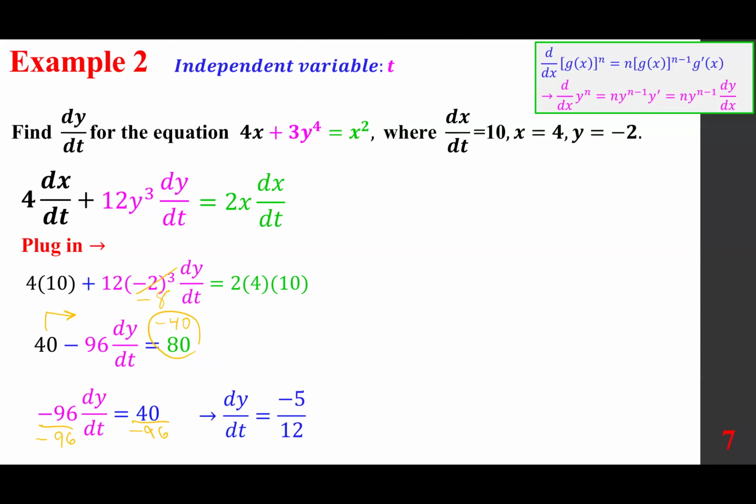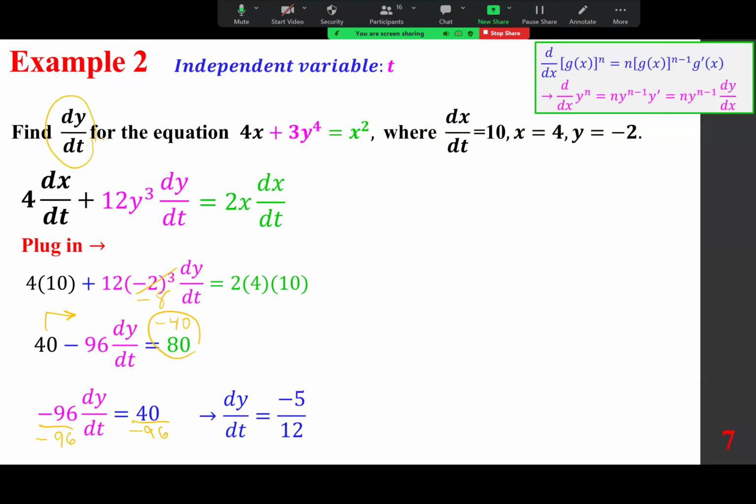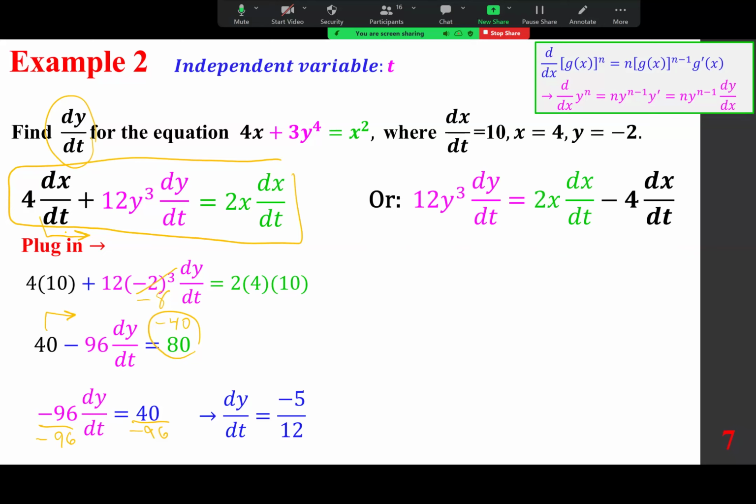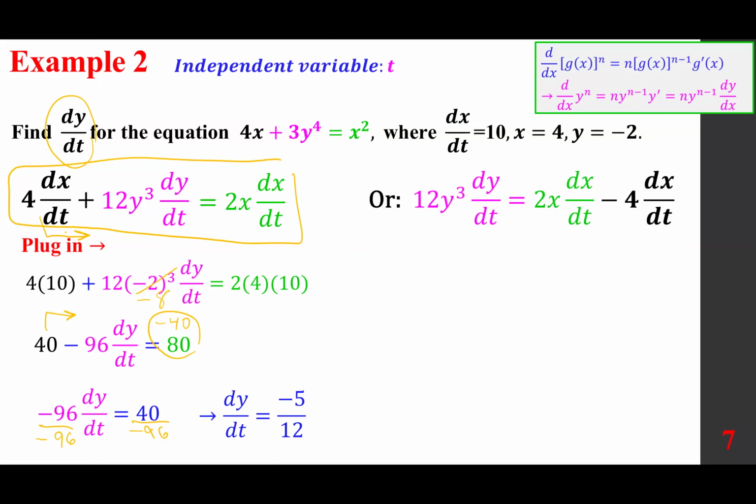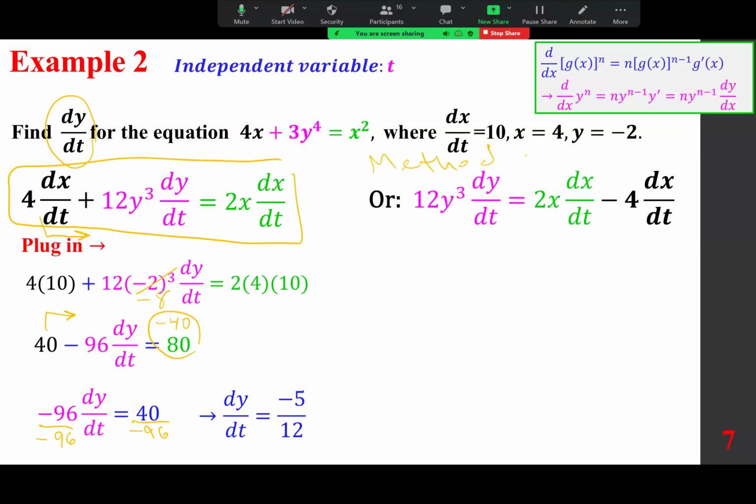Now I'm going to solve for dy/dt here and then plug in. To do so, I need to move this to the right, and it becomes negative. Again, this is the second method. You don't have to do both methods, but the second method has more algebra because we are solving for dy/dt.